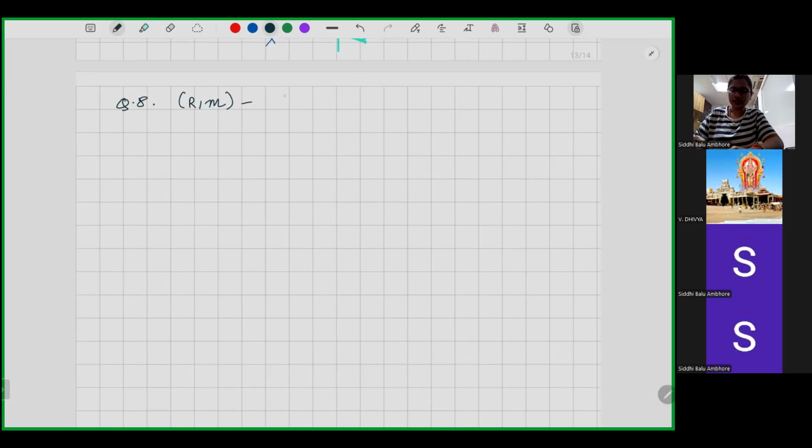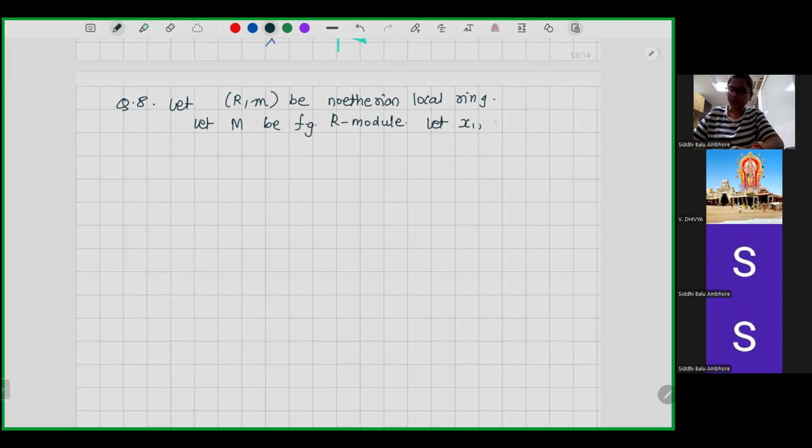So given that (R, M) is, let (R, M) be again a Noetherian local ring, and let M be a finitely generated R-module. Then let x1 to xs be in the maximal ideal M.